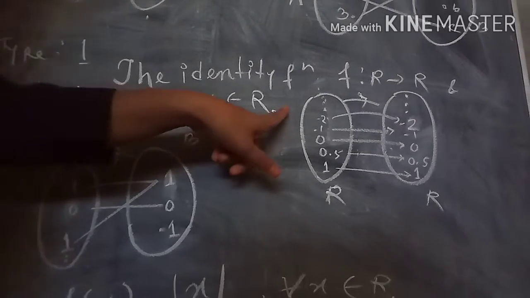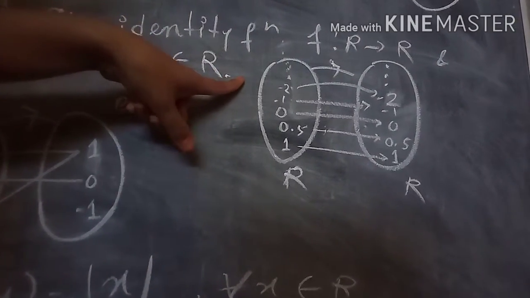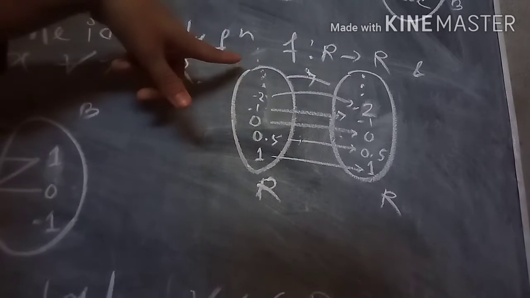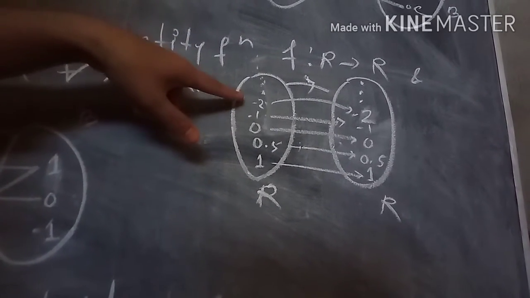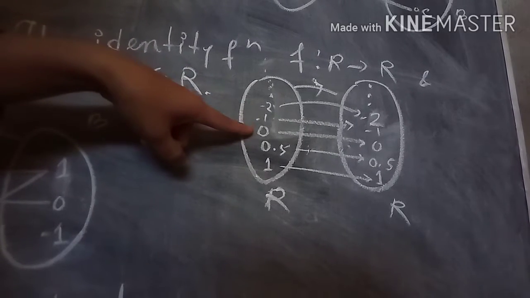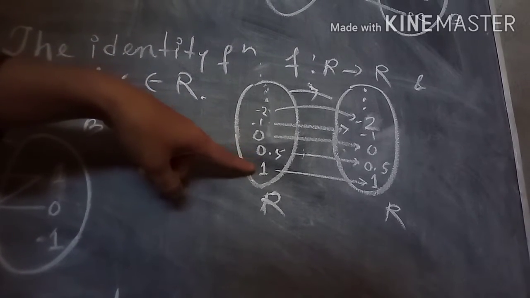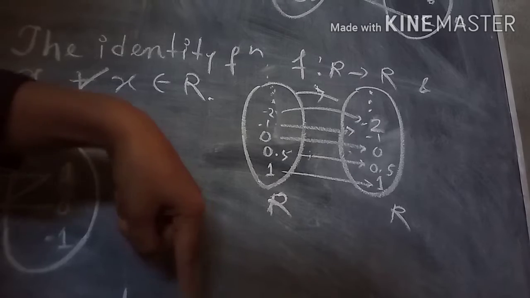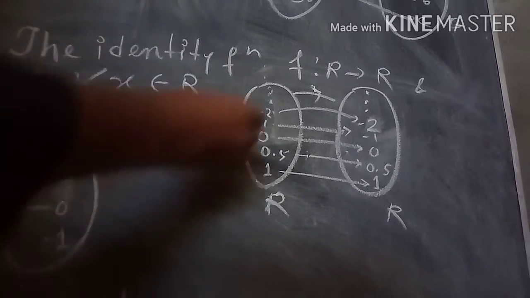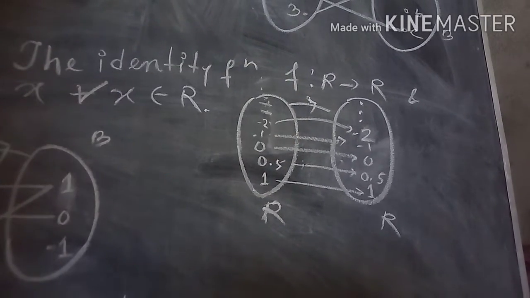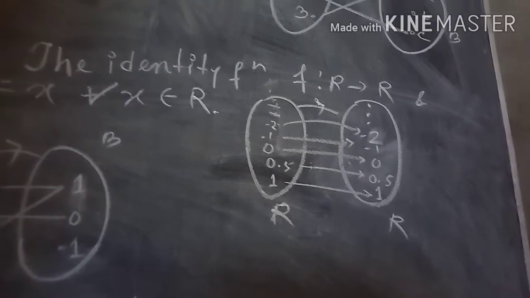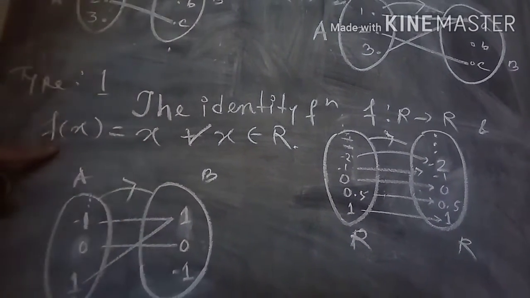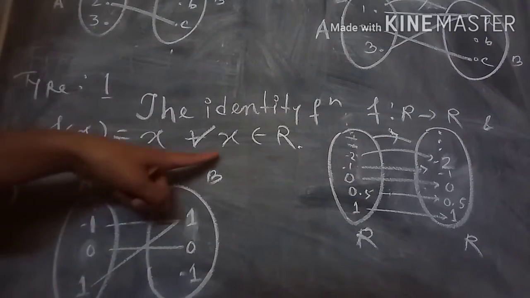So here I have taken some elements from the set of real numbers. I have shown only some elements: -2, -1, 0, 0.5, 1, and here the other elements go, and there are also other elements.